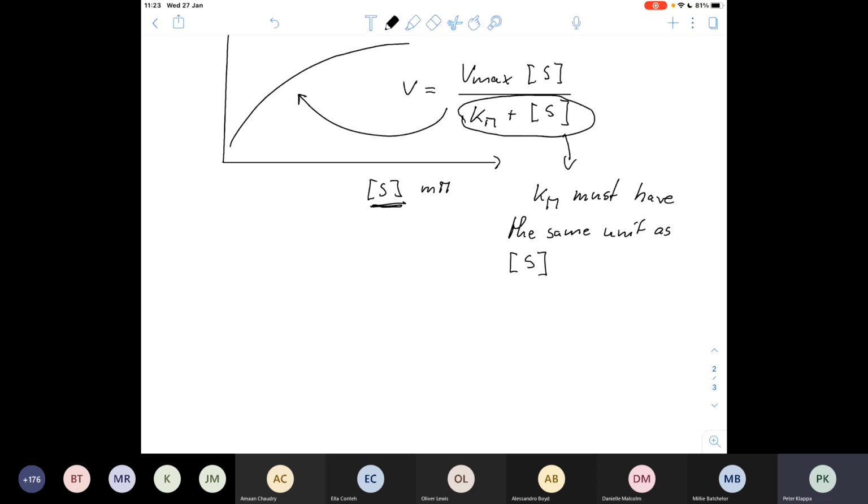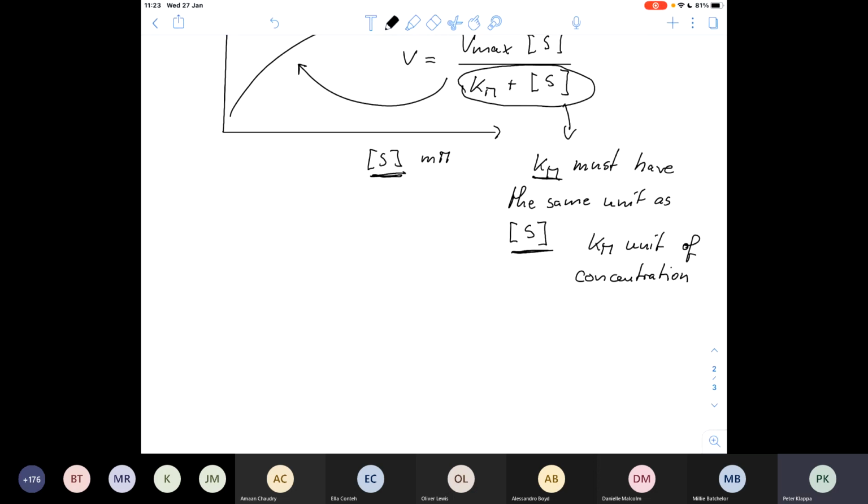Only if two items have the same unit can we add them mathematically. So Km always has the unit of concentration. Okay, so that's great. That's good to know.